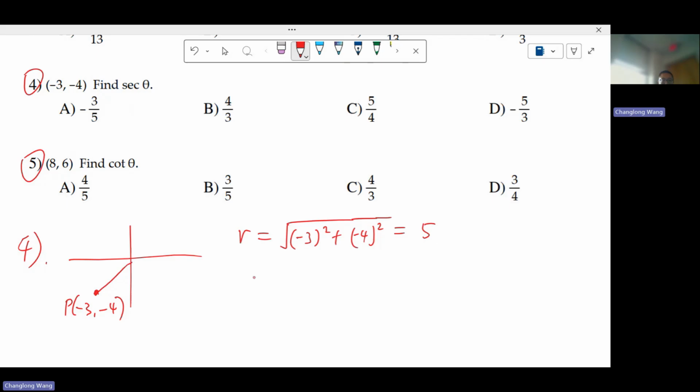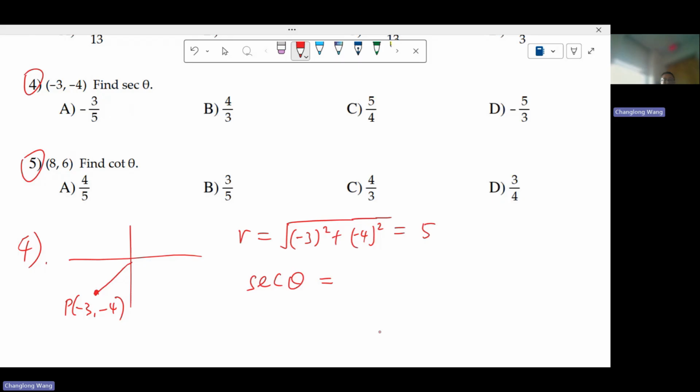All right, so now for these functions defined in terms of x, y, r, whenever you can, please go through the logic or memorization, right, to figure out what the definition is for the secant. So secant is the reciprocal of cosine. Cosine is what over hypotenuse?